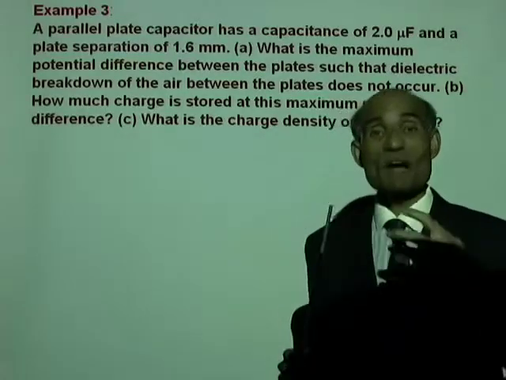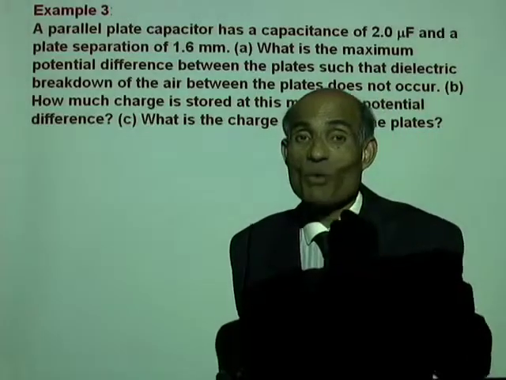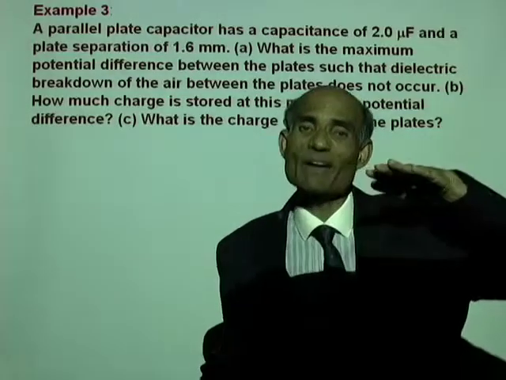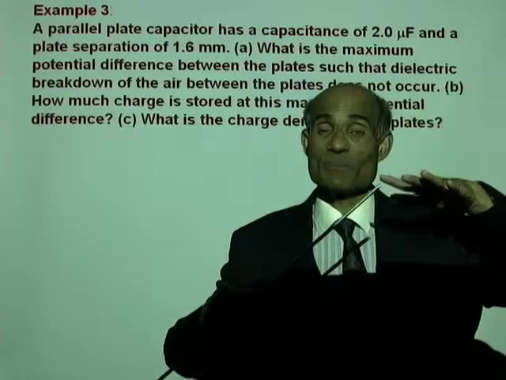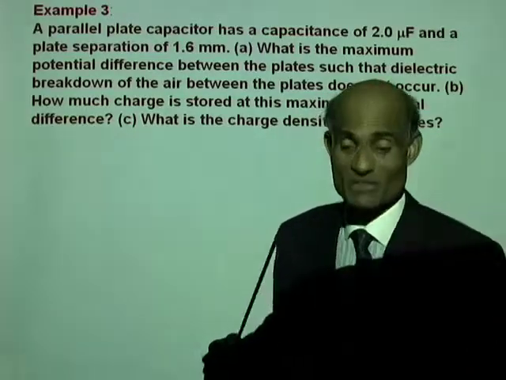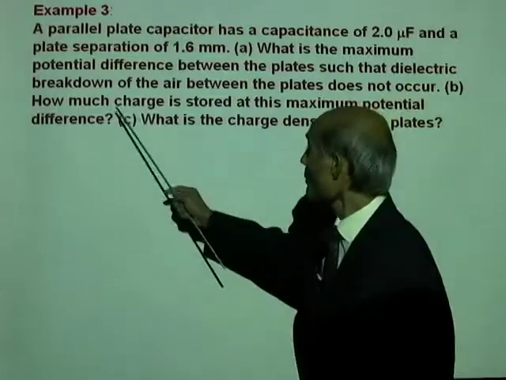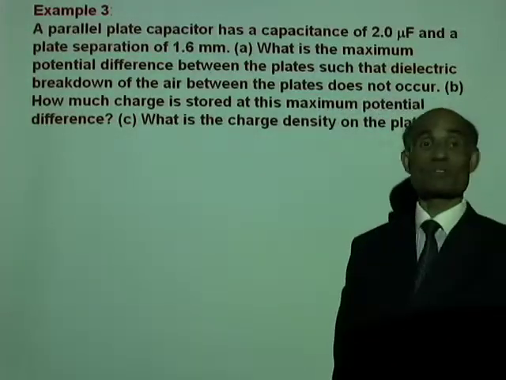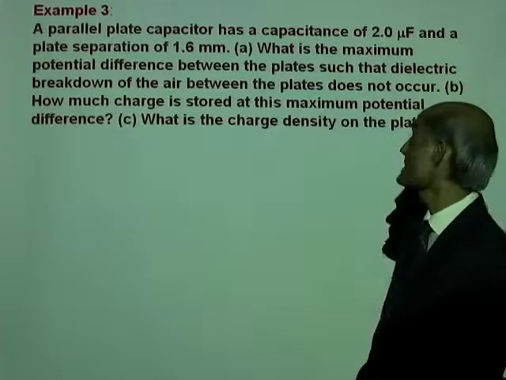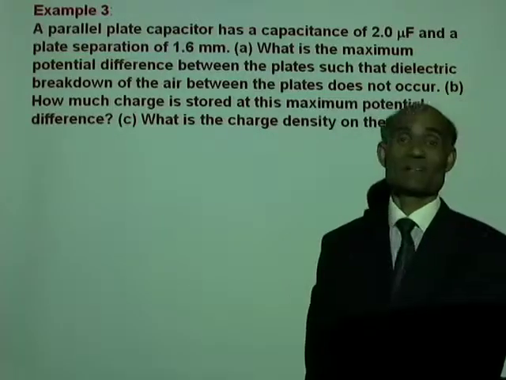Well, what is the maximum electric field, or what is the electric field required to create that dielectric breakdown? It is 3 times 10 to the 6th. How much charge is stored at this maximum potential difference? What is the charge density on the plates?